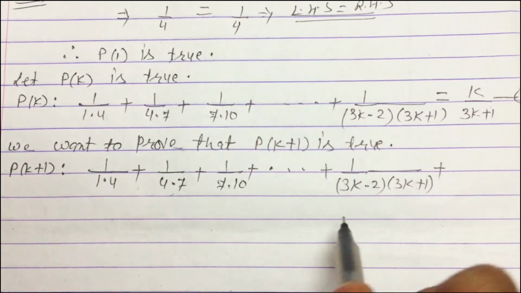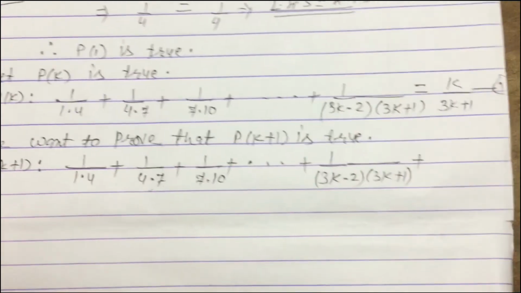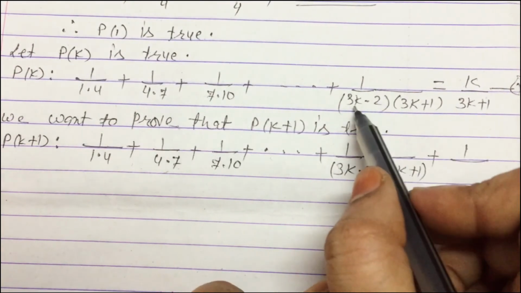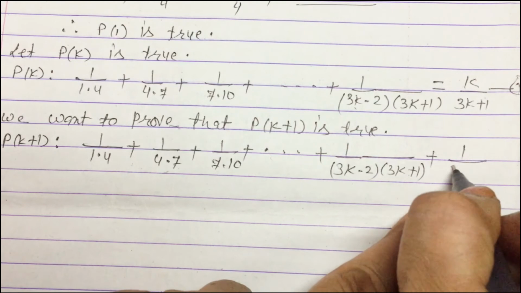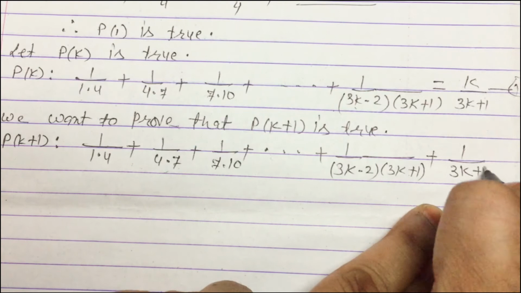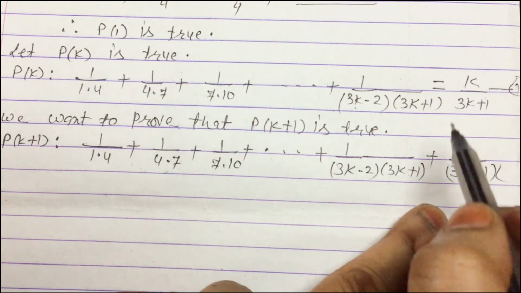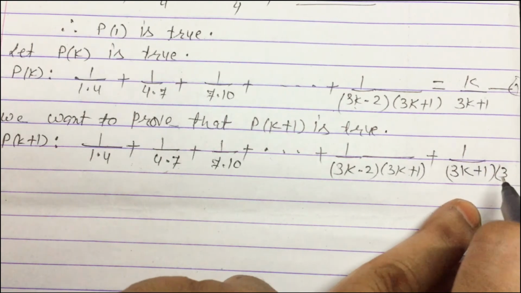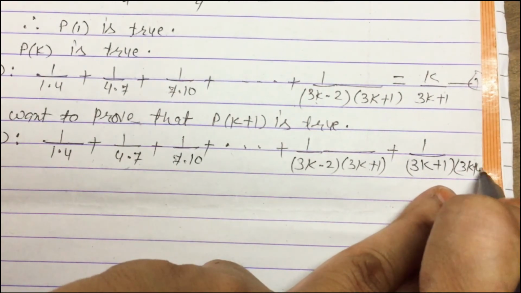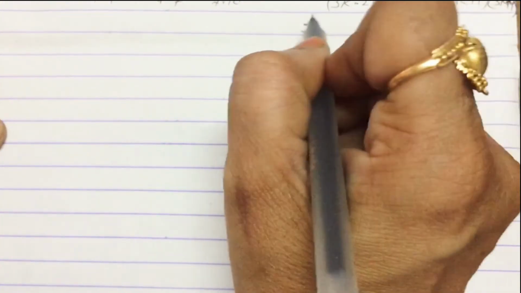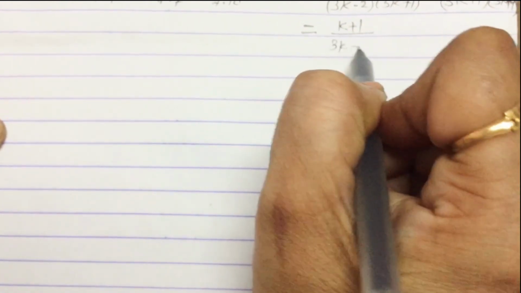First you have to write the kth term, okay, and then the k plus 1th term. Okay, so for this write k plus 1 in place of k. You will get, student, here 3k plus 3 minus 2, so it is 3k plus 1 only, and here it is 3k plus 3 plus 1, so you will get 3k plus 4. Okay, and on right hand side it is k plus 1 by 3k plus 4.